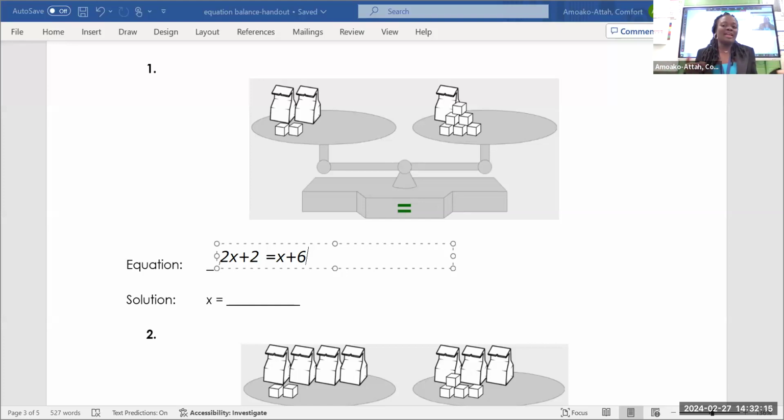Those keywords include is, equal to, same as. So these are the phrases or the keywords that you should be able to identify to help you write your equation from word problems. So I'm going to take you through them one after the other, if time permits.